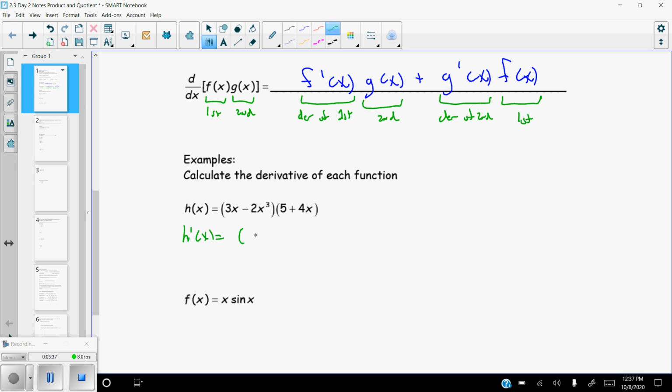The derivative of the first function is going to be 3 minus 6x squared. And then multiply that by the second function. Don't do anything to it. Just multiply it by the second function. And then add. Now I take the derivative of the second function, which is just going to be 4. And then I multiply that by the original first function.